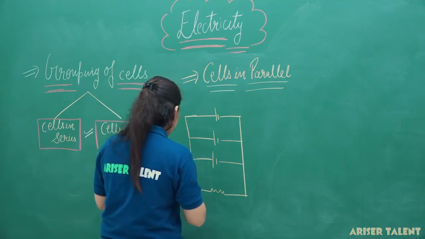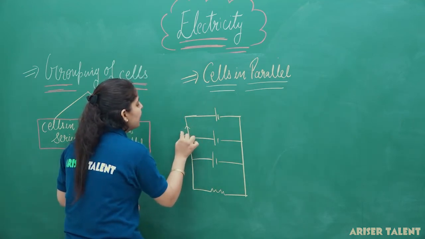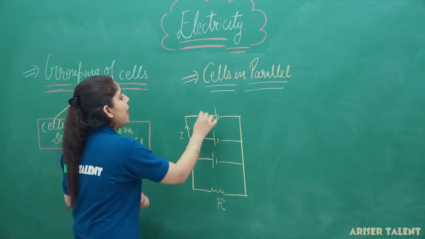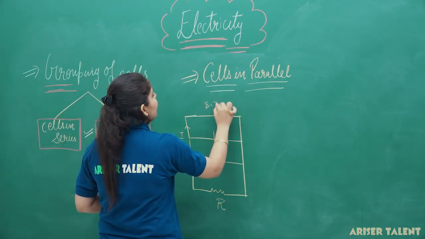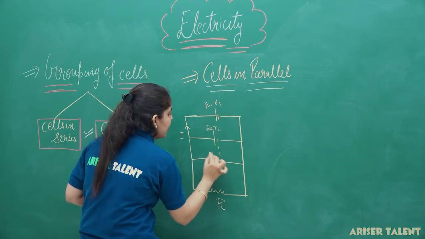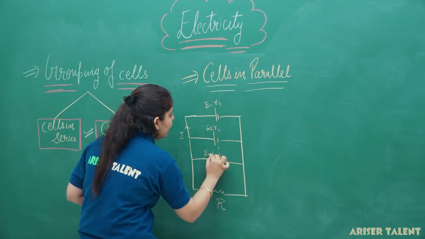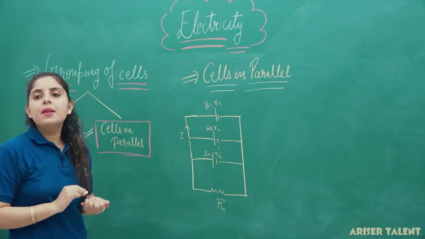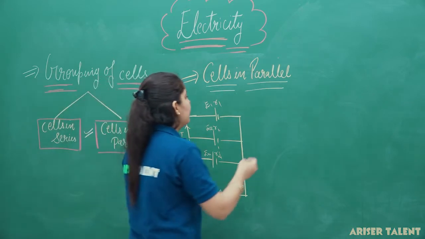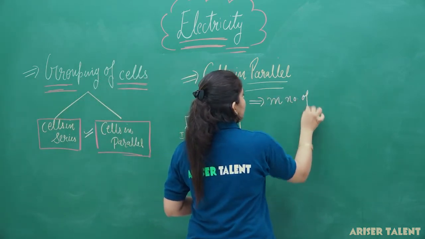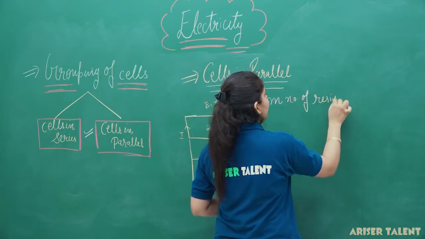So what will happen in this system? Suppose I am assuming that current I will be flowing in the system. This is our resistor R and this is our E1 r1, E2 r2 and so on, you can connect it up to Em rm. So these are m number of resistors connected in parallel.